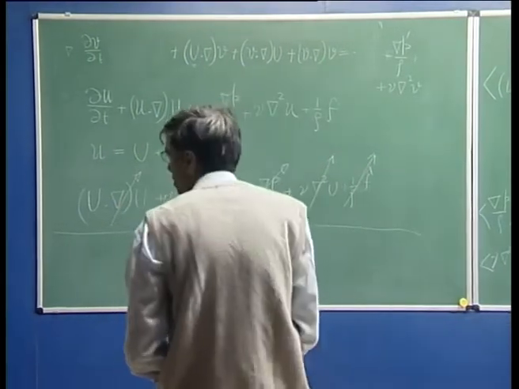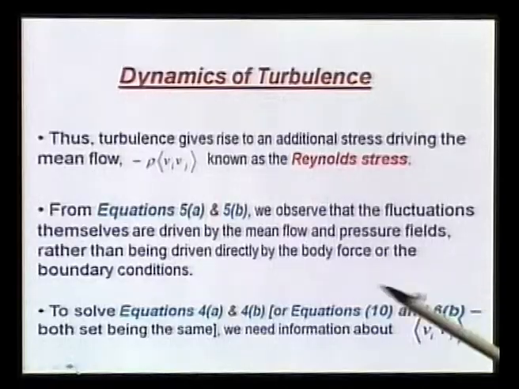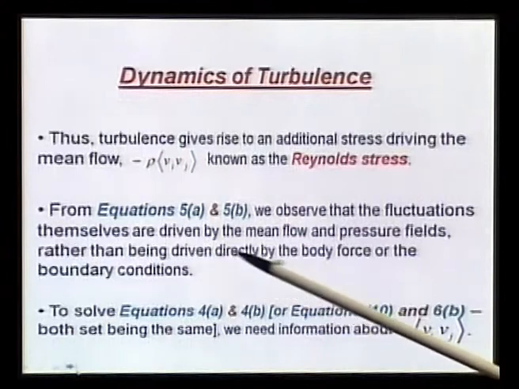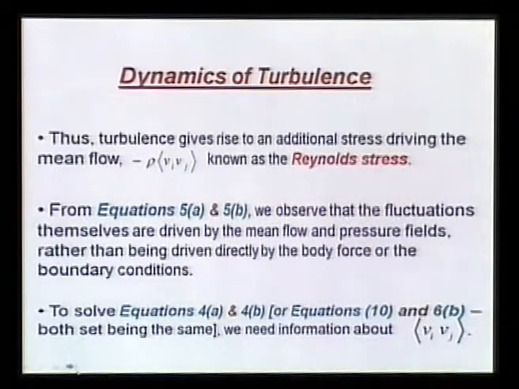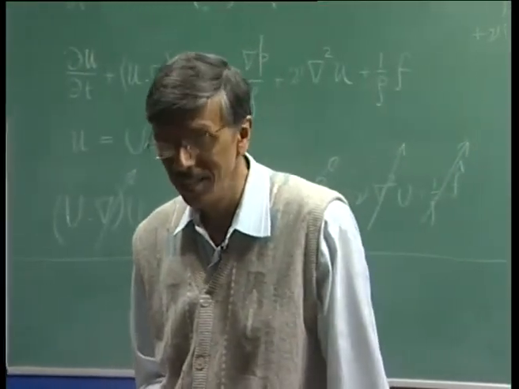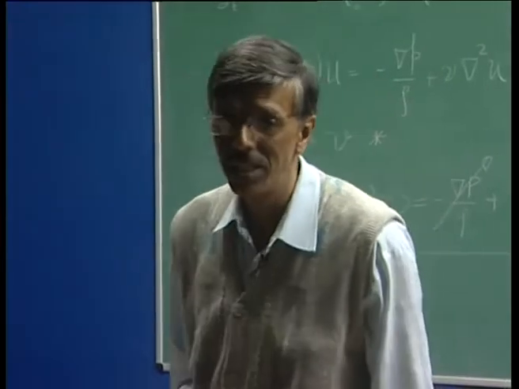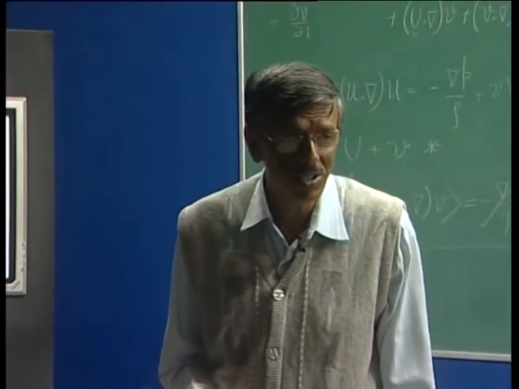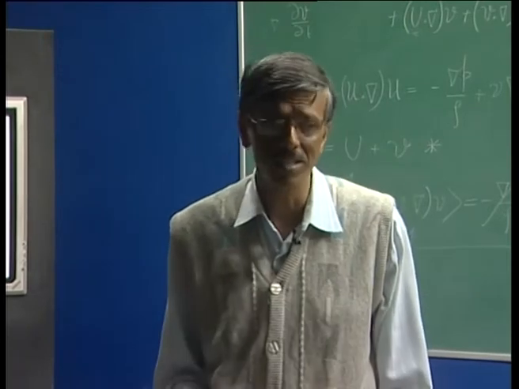So, that is what we are saying here, that the fluctuations are driven by the mean flow and pressure field, rather than being directly driven by the body force or boundary condition. Why not boundary condition? Because we have seen already that boundary conditions for V are most of the time homogeneous, whether it is a Dirichlet or a Neumann type.